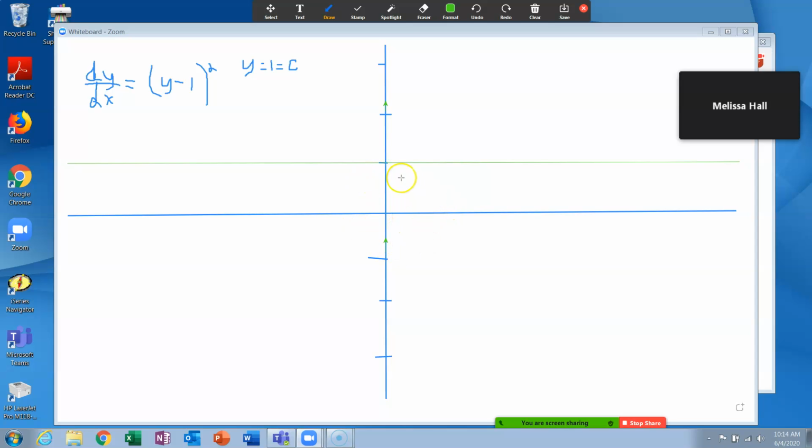When x is 0, your y is somewhere less than 1. Well, if that's the case, you don't even need to draw a curve up here, because it will not meet your initial condition, okay? So it's going to be a curve down here.